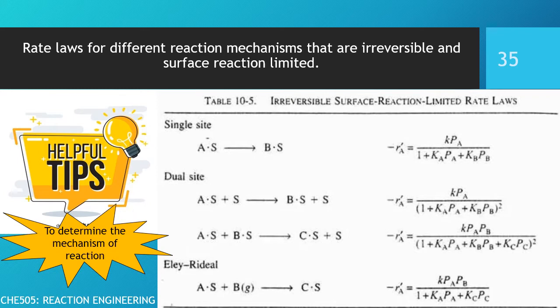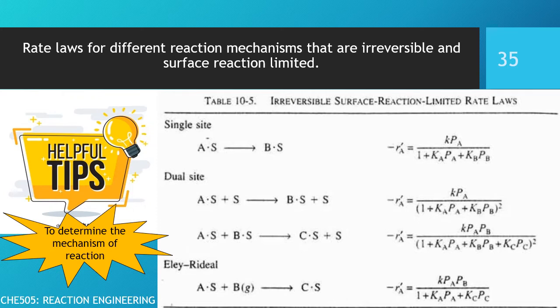Okay, tips. Whether the reaction is irreversible or reversible: if the reaction is reversible, look at the denominator and also the numerator. Usually for a reversible reaction, you will have a very complex reaction rate law equation.